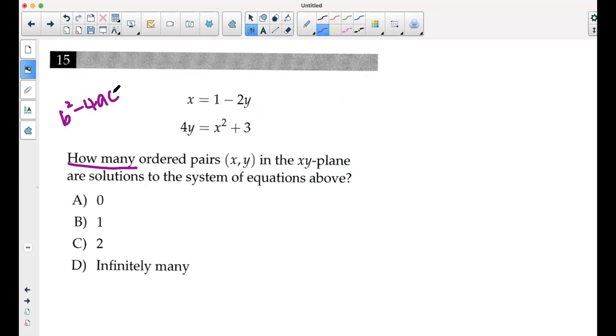Discriminant. b squared minus 4ac. As you remember, a times x squared plus b times x plus c equals 0. When your equation comes down to this quadratic, and b squared minus 4ac is less than 0, that means you have 0 real solutions.